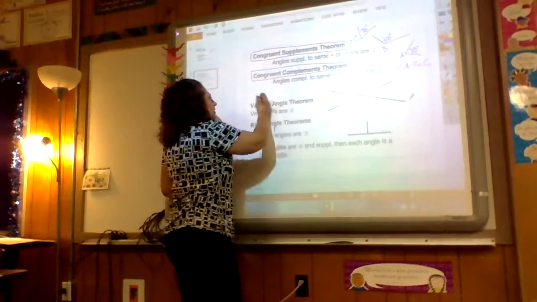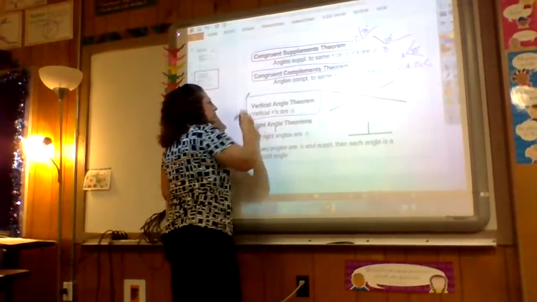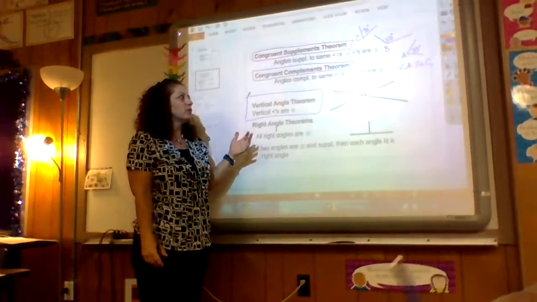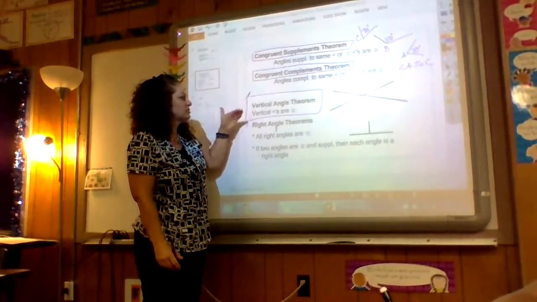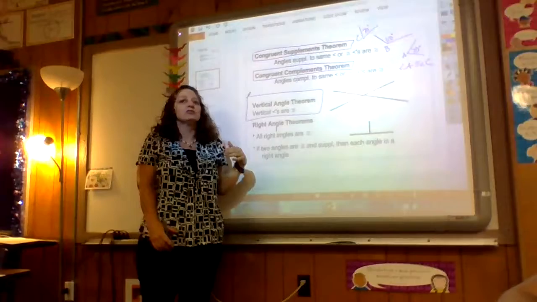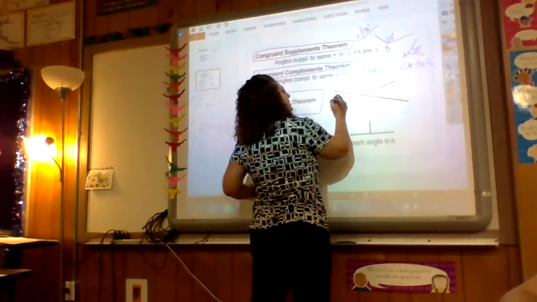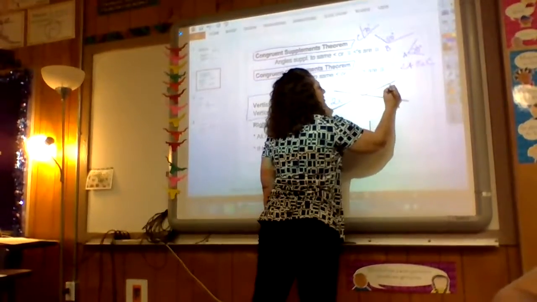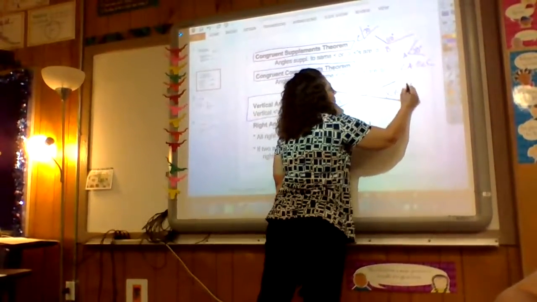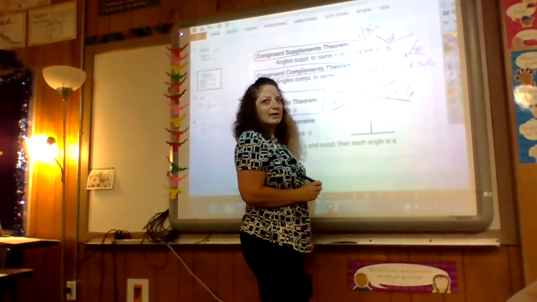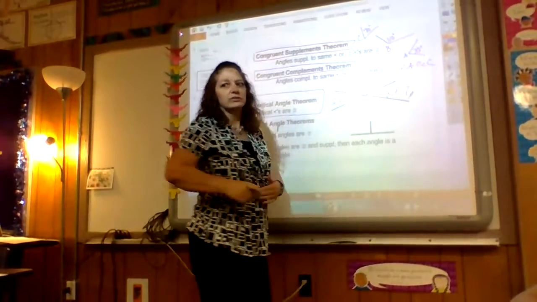Vertical angle theorem, again, box it in. We have actually done this, written it down, but here it is in theorem form, and everything you're getting on these pages are all reasons to go into geometric proofs. Vertical angle theorem, remember if this is a 2x on this side and this is an x plus 7 on this side, how can I make an equation because these angles are vertical, Skylar?